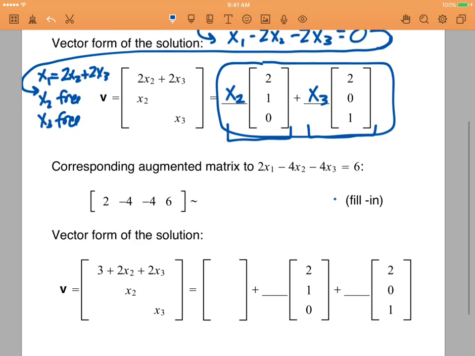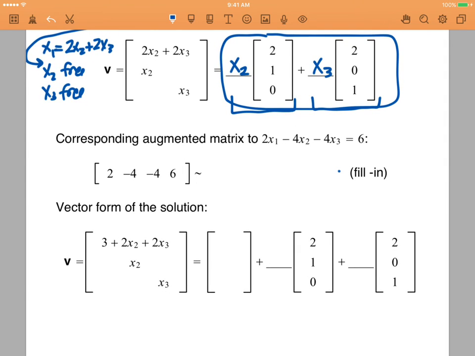Now, if we do the corresponding one that is non-homogeneous, solve the augmented system, take half of that row, we get 1, -2, -2, 3.